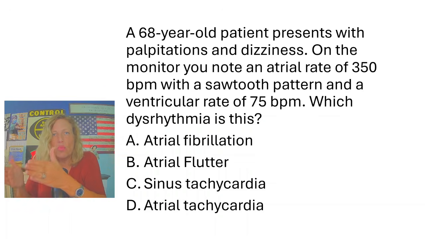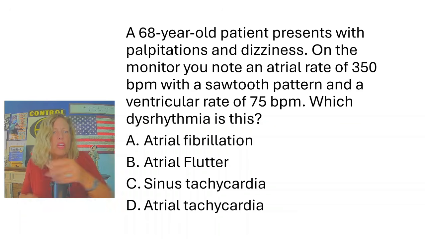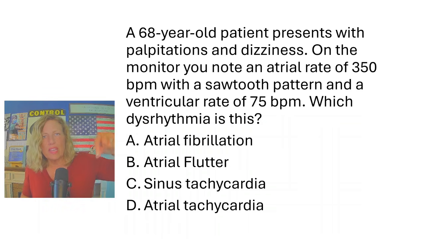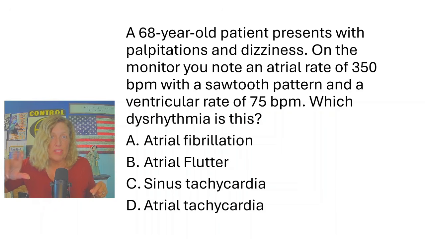The second word tells you if it's fast, slow, or normal. So atrial tachycardia tells you the electrical impulse is starting in the atria, but the overall rate is fast. And here we have a rate of 75. Sinus tachycardia tells you it's starting in the sinus node, but the overall rate is fast. So that can't be it because our rate is 75.